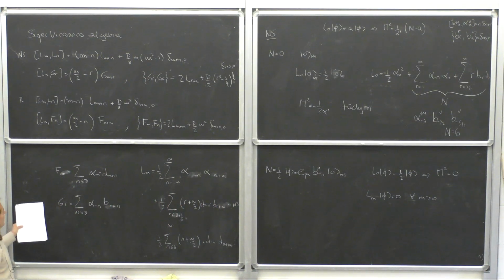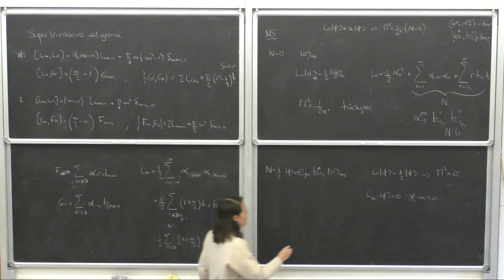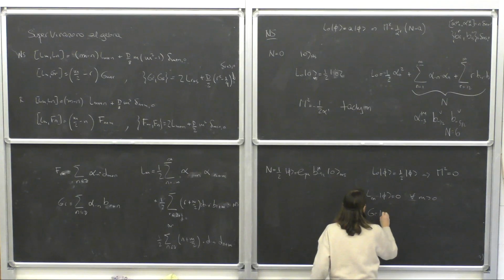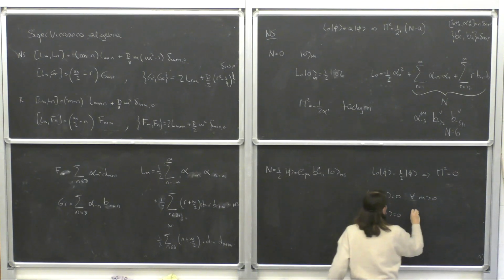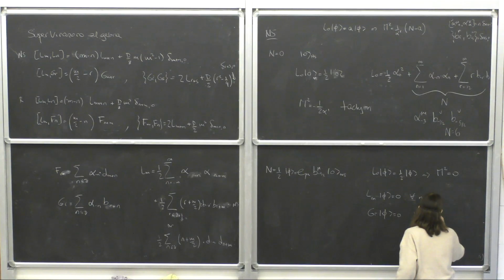It's also easy to see that g_r phi is equal to 0 for all r greater or equal than 3/2.